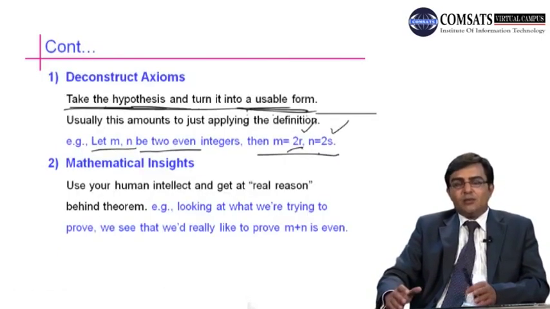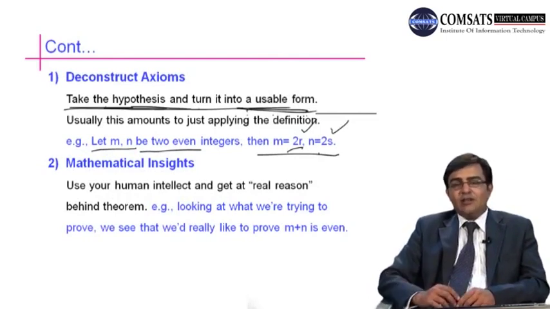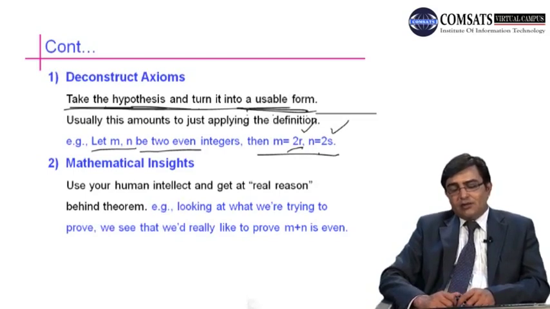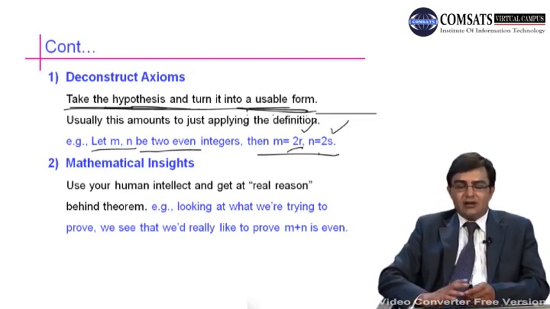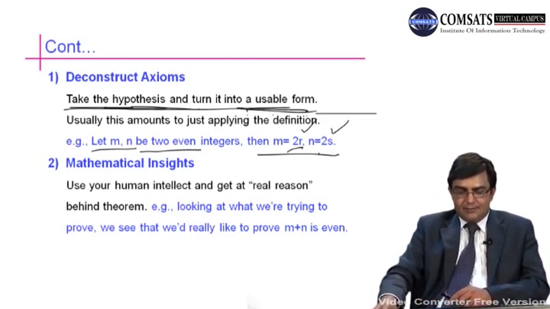In this we suppose that the hypothesis is true and we turn the hypothesis into usable form. And in the second step we think about the real reason, how we can proceed towards the conclusion by using some already established results in mathematics.